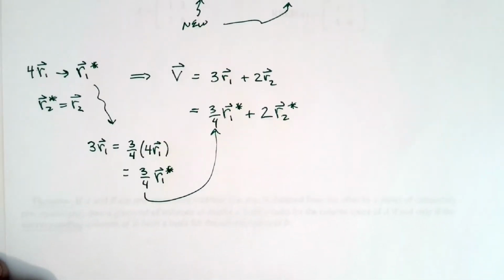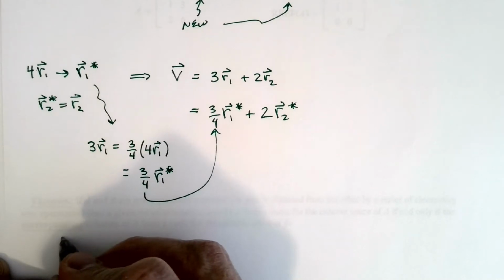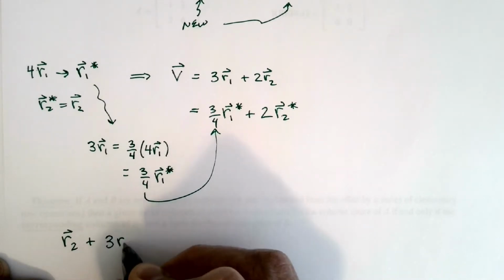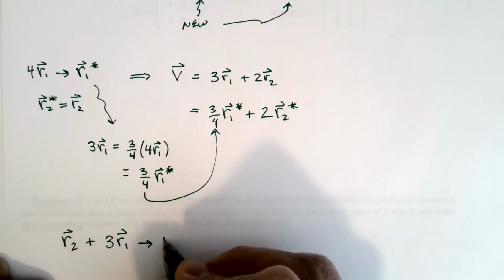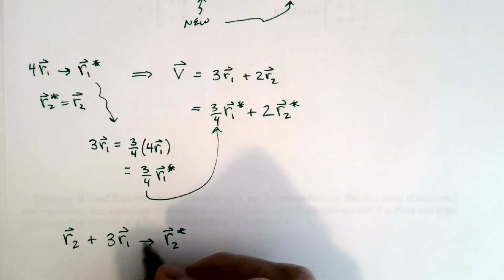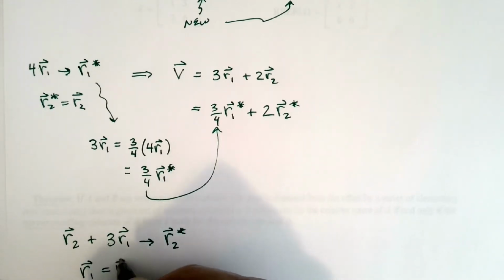Now the last one is if I take a multiple of one row and add it to another. So let's take row 2 and let's add, I don't know, 3 times row 1 to it. And that becomes the new row 2. Okay, so that's what we have. And row 1 is the same as row 1 before.